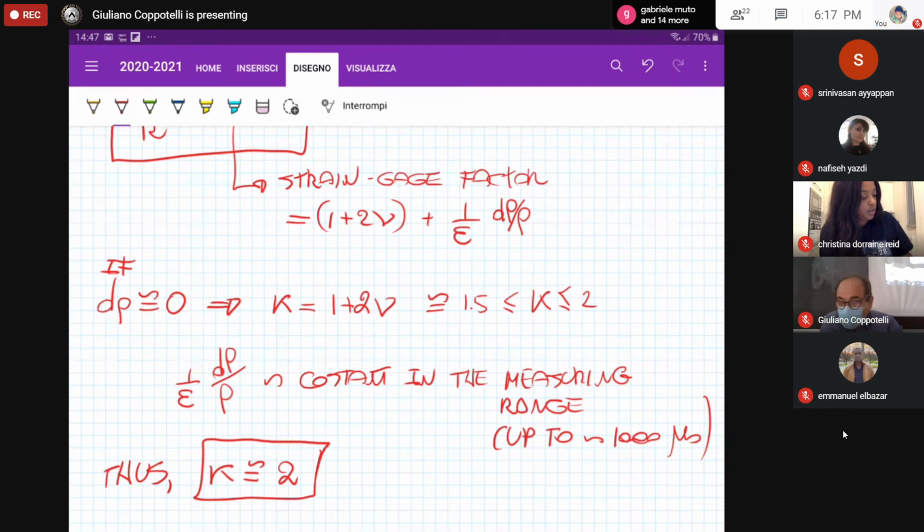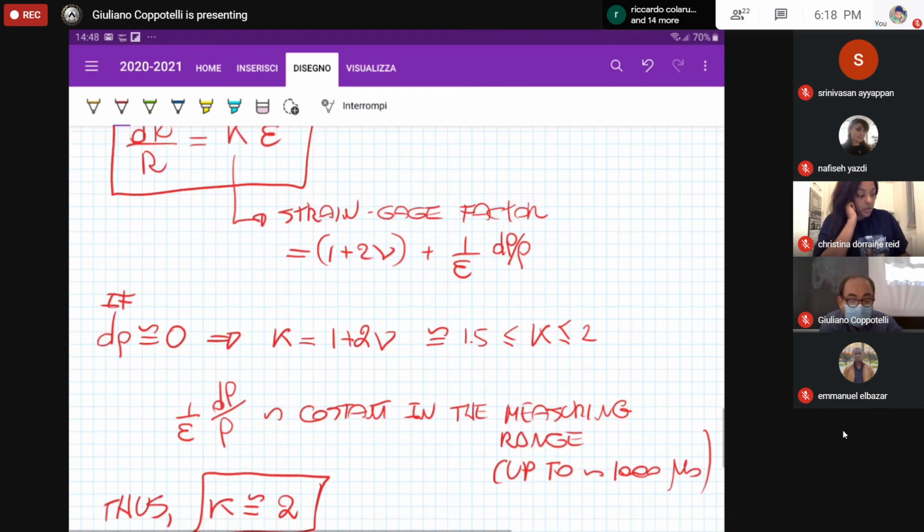Now if you would like to set up your own company producing strain gauge transducers, the problem is to give customers the information of the K plus other information. But now let's focus on this. K is the strain gauge factor. How can I identify the K factor from the measurement?